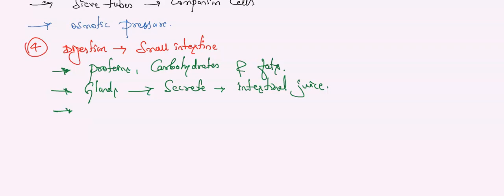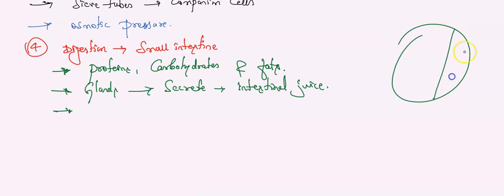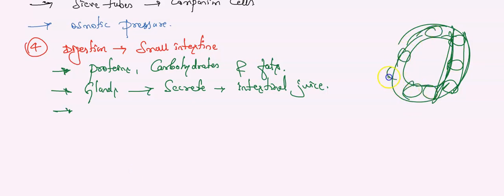See, it's a very interesting concept. See children, the small intestine is the site of complete digestion of proteins, carbohydrates and fats. Now in the wall, can you see this wall? In the walls of the small intestine we have the glands.